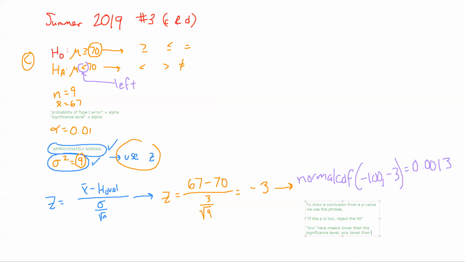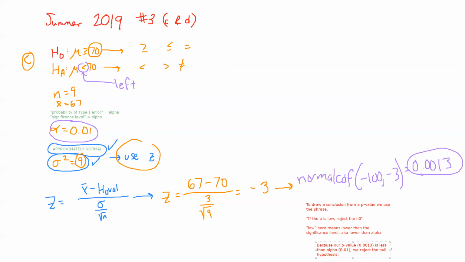As a reminder, Victoria, what was our alpha level? 0.01. Is our p-value lower than that? 0.0013. Yes. So because our p-value, 0.0013, is less than alpha, which is 0.01, we reject the null hypothesis.